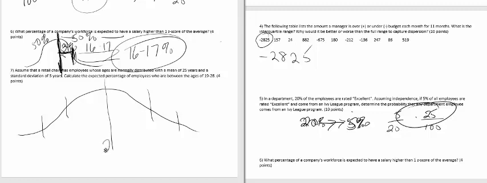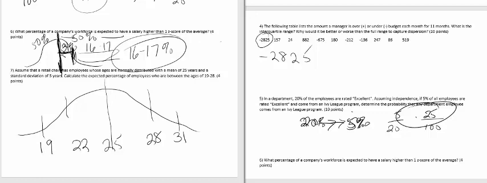A mean of 25 years and a standard deviation of 3 years. That means one standard deviation would take it up to 28 and another standard deviation would take it up to 31. And then on the south side, one standard deviation south of the mean takes us to 22 and then to a 19.